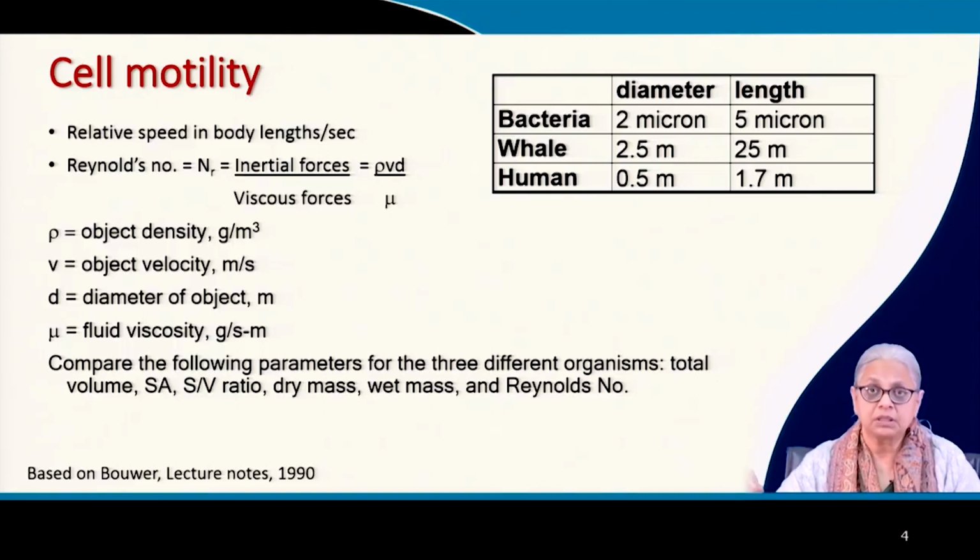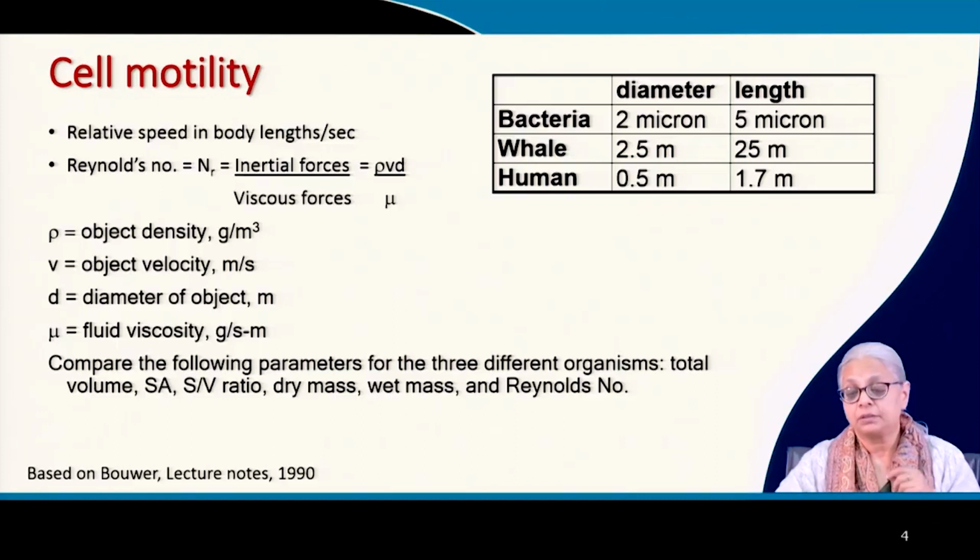It is a unitless number, and it is the ratio of inertial forces divided by viscous forces. The inertial forces are shown by rho V d. Rho is the density of the fluid, V is the velocity of the object, and d is the diameter of the object. Divide that by mu, the fluid viscosity.